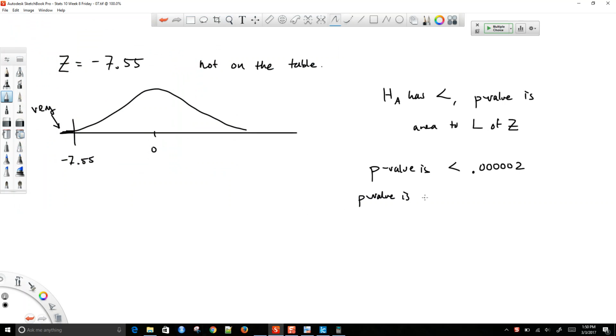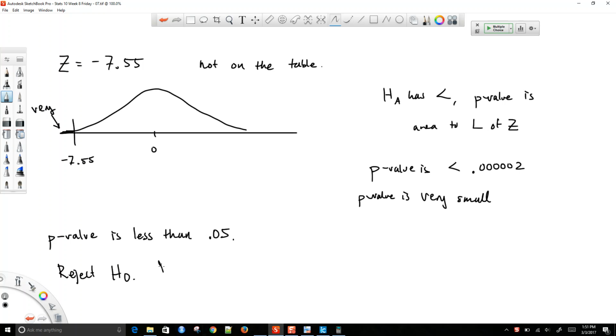Okay, so here my p-value is very small. Therefore, if I compare my p-value versus alpha, the p-value is less than 0.05, and therefore I will reject my null hypothesis. That's the conclusion that we make.